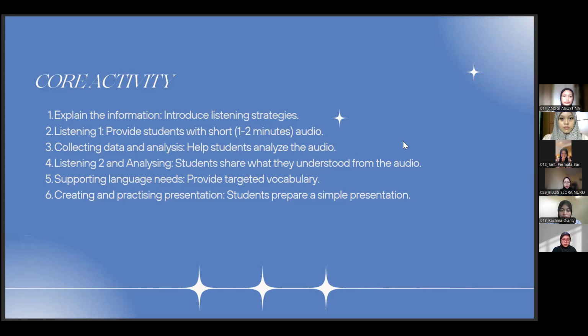It provides students with short, clear audio sources, one to 2 minutes, like a beginner podcast, simple interview, legend or fable short story, or dialogues related to listening strategies. Make sure the content is slightly challenging but understandable for their level, which is pre-intermediate.